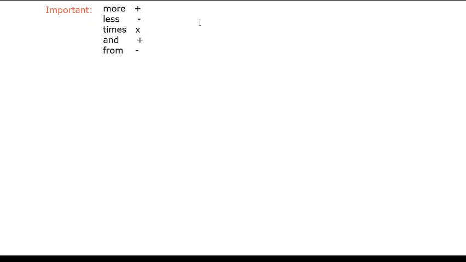Now moving back to the question. After you memorize these terms, you need to start solving these questions. These are the basic questions. Write the number which is 17 less than 4 times x.